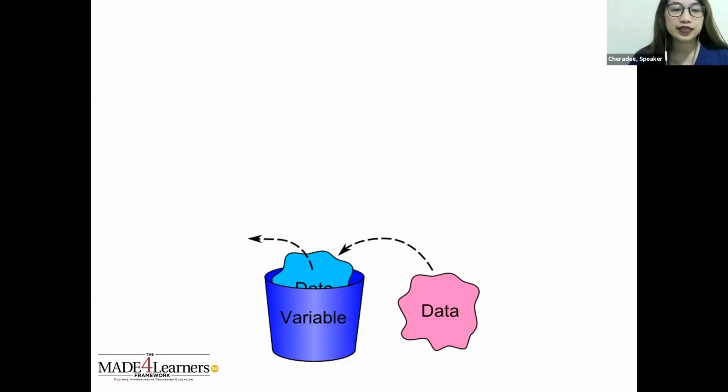Any idea? By the word itself, fixed. So what do you think is a fixed data? And what is a variable data? No idea? Fixed data is constant, while variable, it varies and changing.